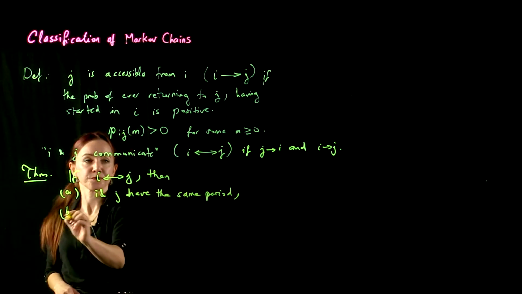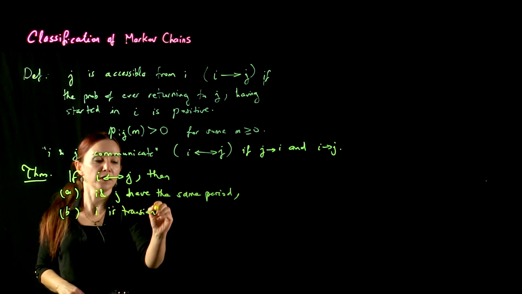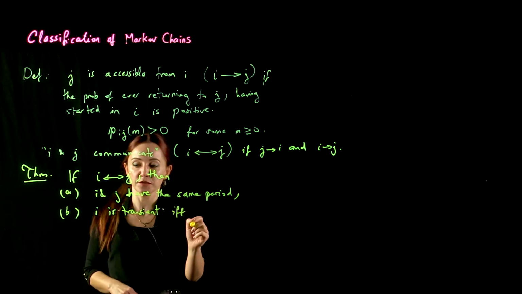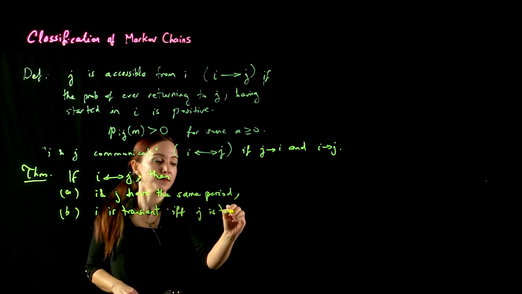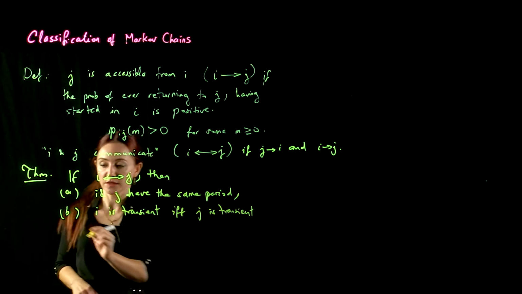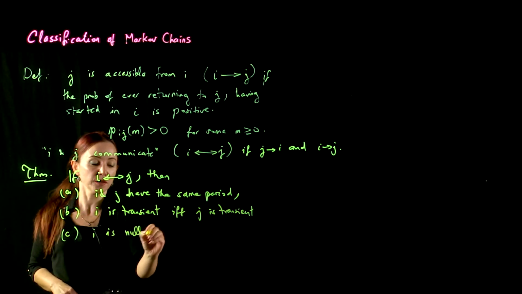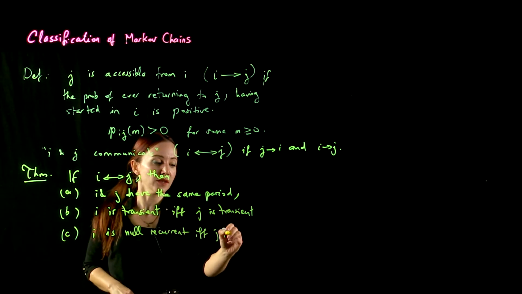B, if I is transient, then J is also transient, and vice versa. I is transient if and only if J is transient. And finally, I is null recurrent if and only if J is null recurrent.